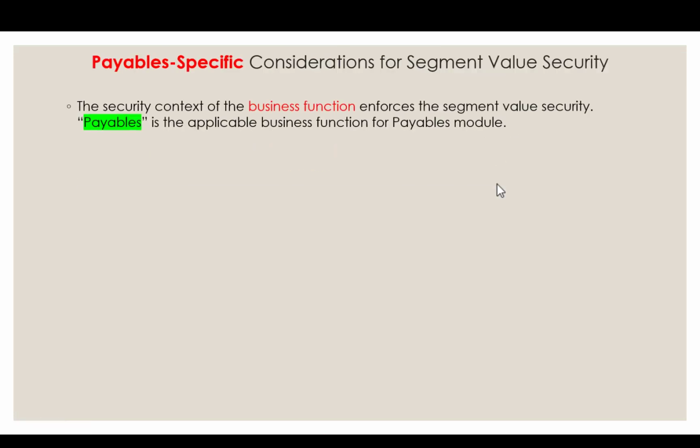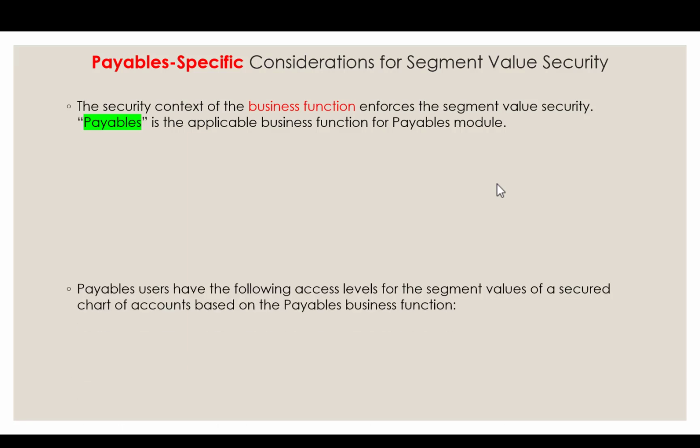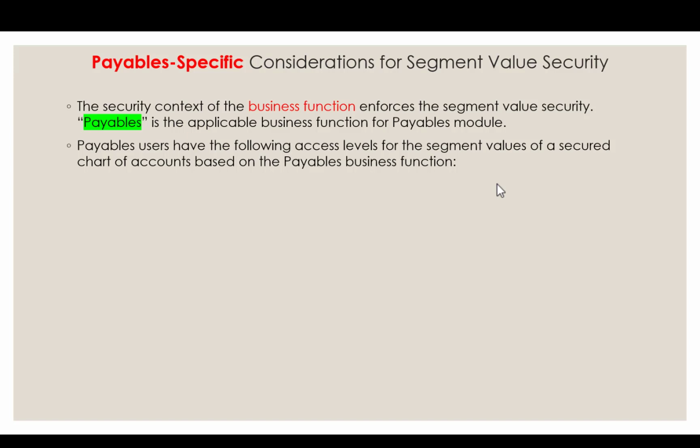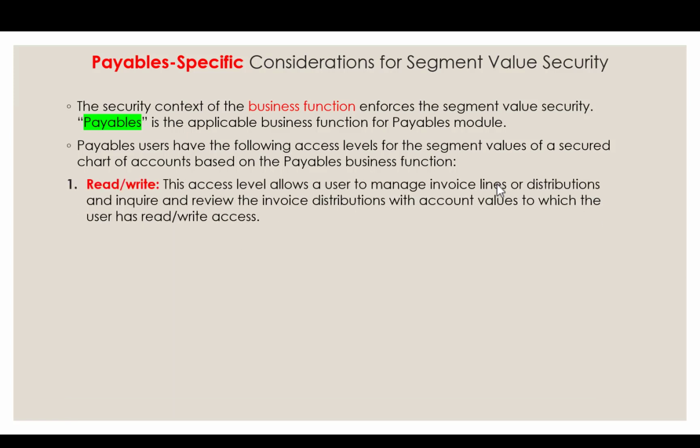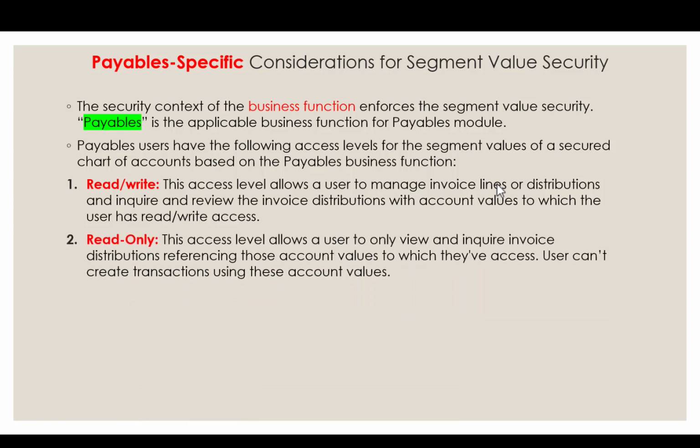So as we said before, the security context of business functions also enforces the segment value security. Payables is the applicable business function for payable modules. Payable users have the following access levels of the segment values of secured chart of accounts based on payable business functions: read and write, which is to read and write whatever, and read only, as users cannot create transactions using these account values.